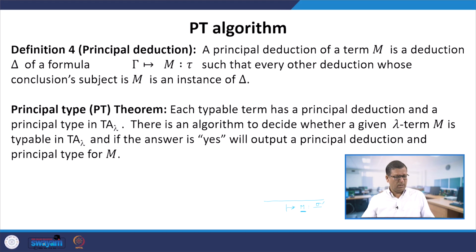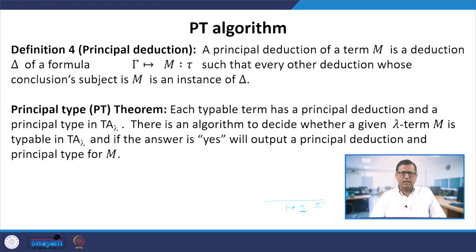Now we take up the principal type theorem. It says that each typeable term has a principal deduction and a principal type in TL lambda. There is an algorithm to decide whether a given lambda term M is typeable in TL lambda.